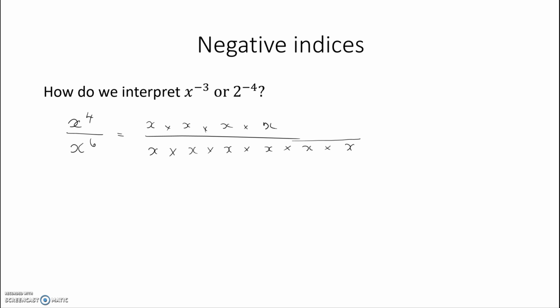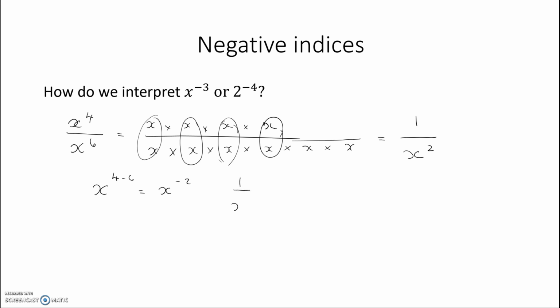And if we wrote that out as x over x, x over x, x over x, x over x, then it would become 1 over x squared. If we followed the rules, that would be x to the 4 minus 6, x to the negative 2, and these have got to be the same.